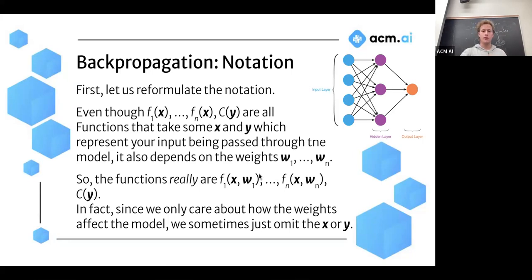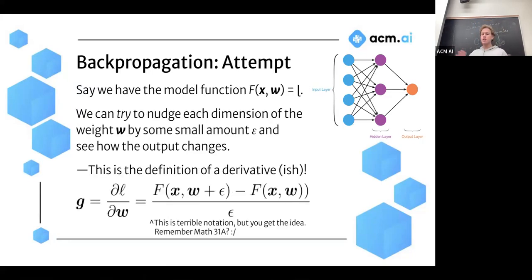So an attempt might be we could try to nudge the weight by some small amount, epsilon, and see how much it changes, which is basically exactly the definition of a derivative. Now, unfortunately, this isn't exactly what we want because, as we'll get into later, it's too simplistic, and the notation is questionable at best.